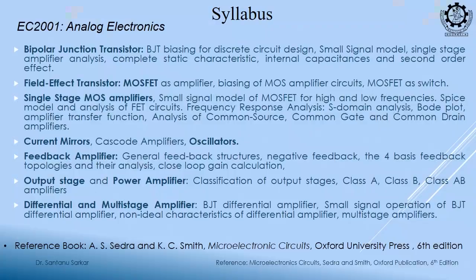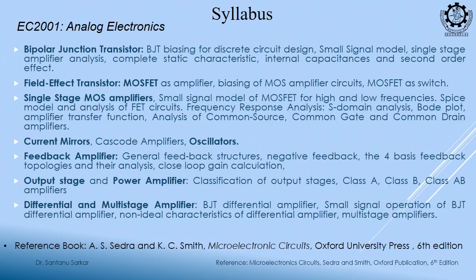Good morning all. Today we will continue our class on analog electronics, and let me just briefly introduce the syllabus. The syllabus includes bipolar junction transistor and field effect transistor, that is MOSFET.